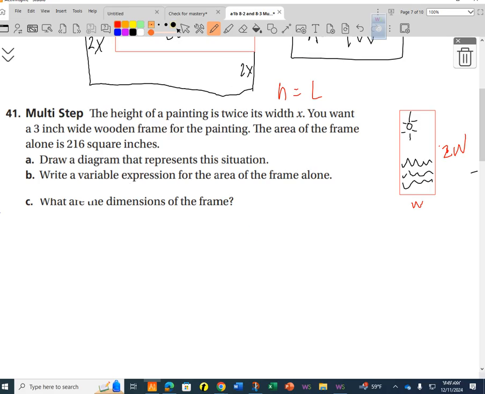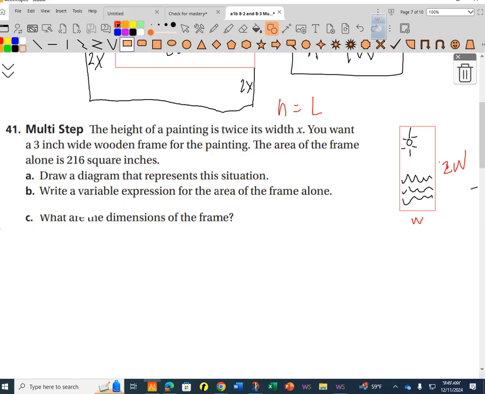All right, so we're going to take that picture and we're going to add a frame around it. And it says the frame is 3 inches wide. That means it's 3 inches wide all the way around it. So there's 3 inches on the top, 3 inches on the bottom, 3 inches on each side. So I'm going to go ahead and add a frame here.